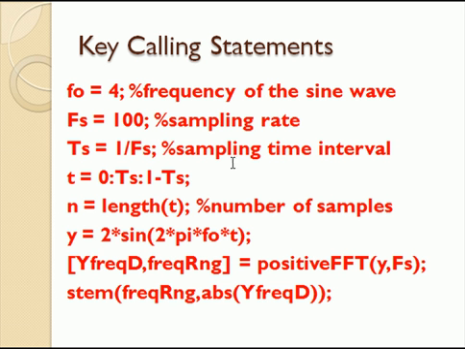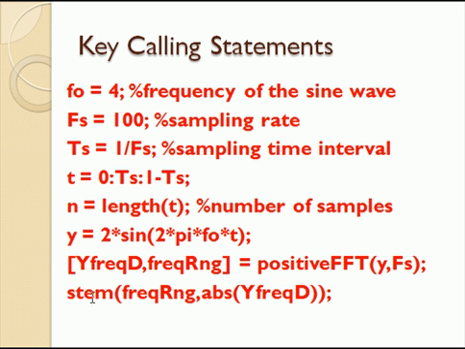So now we have the same, in this case, 6 commands that generate our values, and then we just call the positive FFT routine using the sample data and the sample rate fs. And it returns y freq d, which is the FFT, and freq range, which is the frequency.